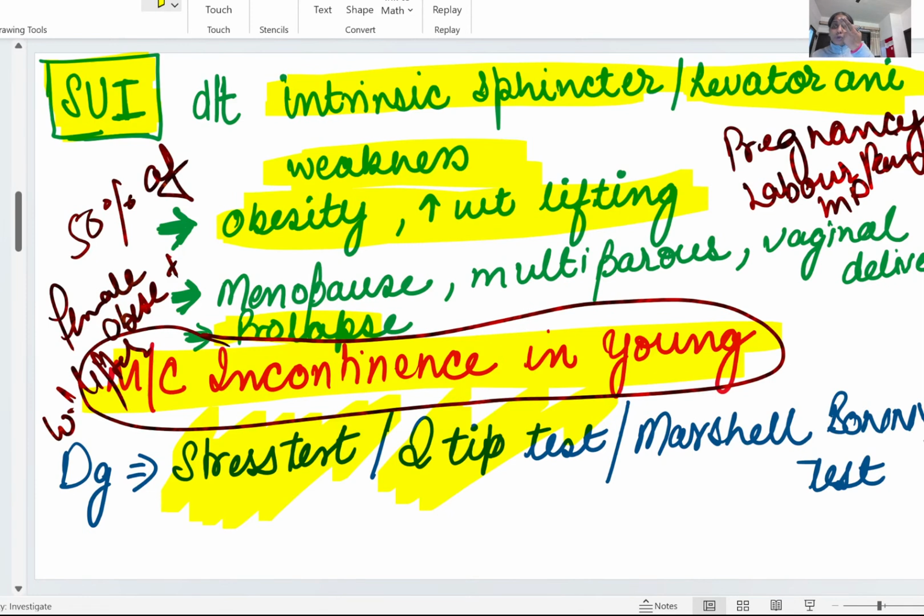With the help of two fingers we support the internal sphincter, and if after supporting it the urine does not leak, it means that it is due to stress urinary incontinence. So what are the three tests for stress urinary incontinence? The three tests are the stress test, Q-tip test and Marshall Bonney test.